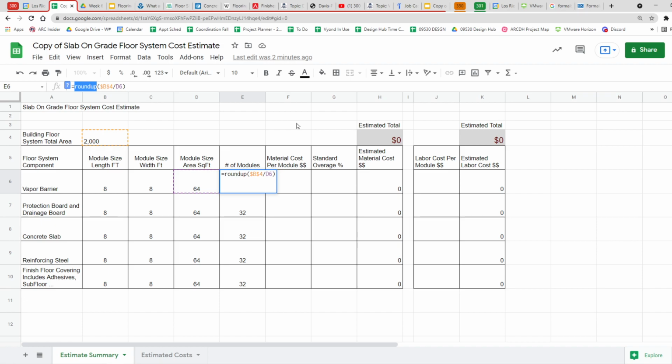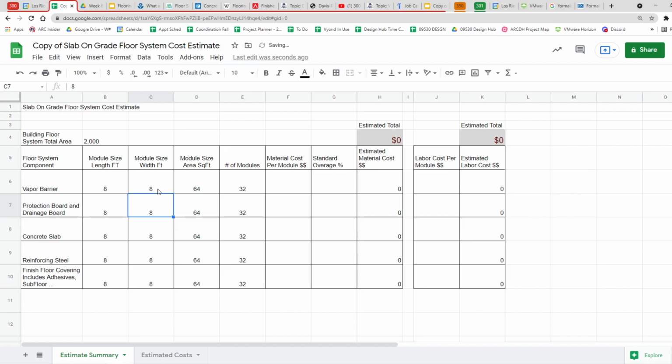I could round down, or I could round to the nearest 5. It's up to you how you want to do it, but I rounded up in this spreadsheet. So as an example, if I did 4 by 8, I've got more modules. If I did 8 by 16, I'd have fewer modules.